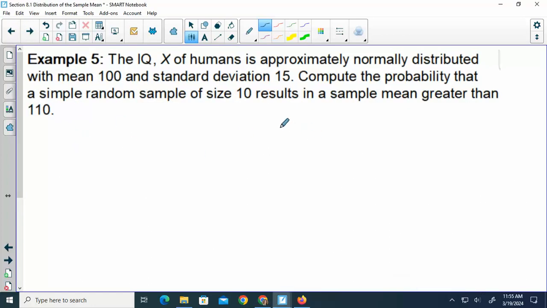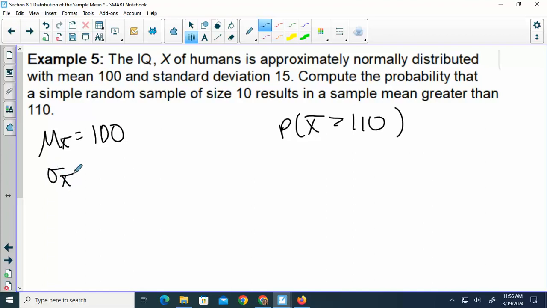So we want the probability the sample mean is greater than 110. The mean of the sample means is the same as the original mean, 100. The standard deviation of the sample means is the original standard deviation divided by the square root of n. So it doesn't come out to be pretty. Keep at least 4 decimal places. So 4.7434.